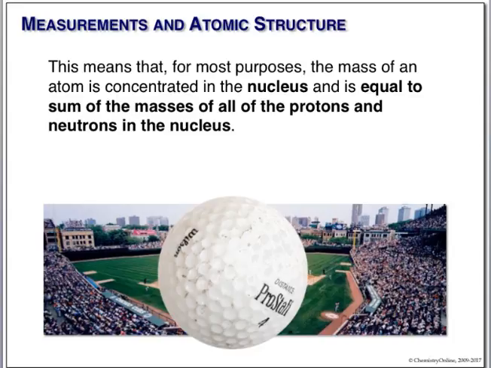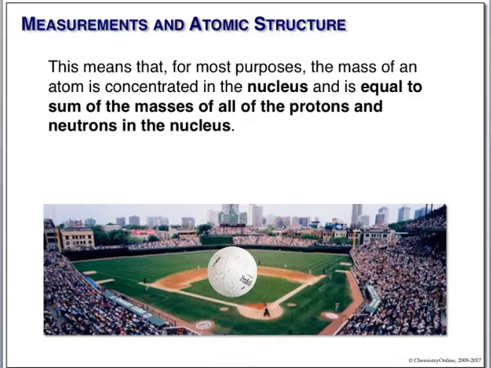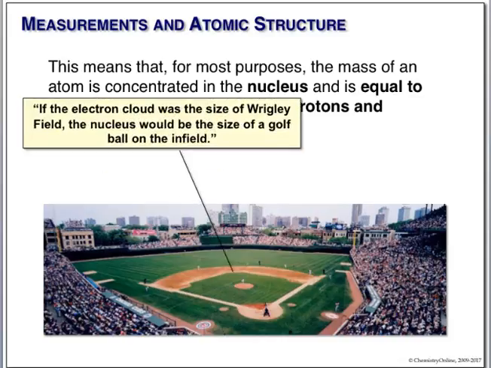If the nucleus was the size of a golf ball and Wrigley Field was the electron cloud, that would be our nucleus, and this would be all of our electron cloud around it. So the mass is totally concentrated in this little tiny speck in the middle. So atoms are essentially empty space. All the mass is in the nucleus in the middle.